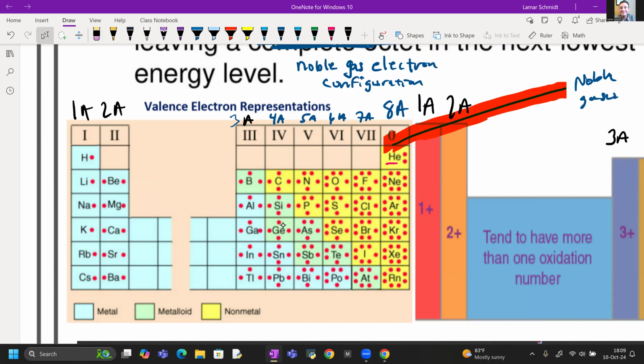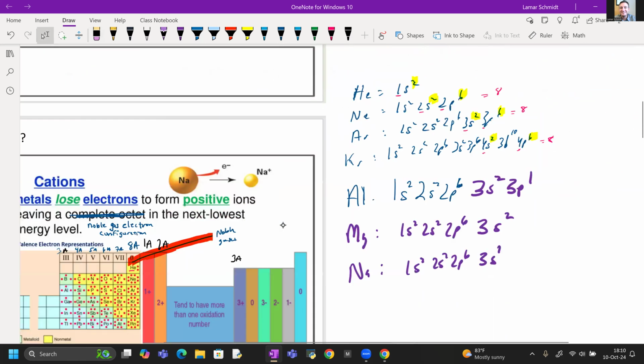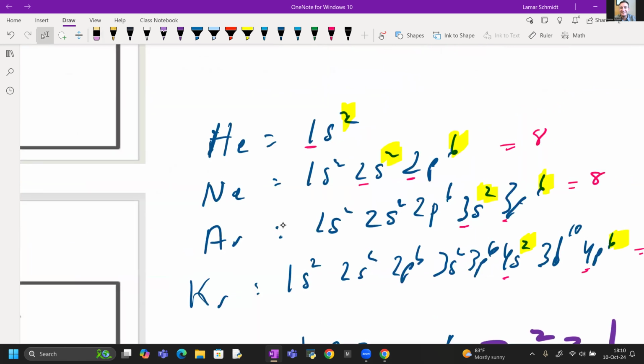Well, maybe, maybe not. Let's think about helium for a quick second. So we see helium. We know helium is in energy level 1. And energy level 1 only has an s sublevel. And that s sublevel can hold only 2 electrons.